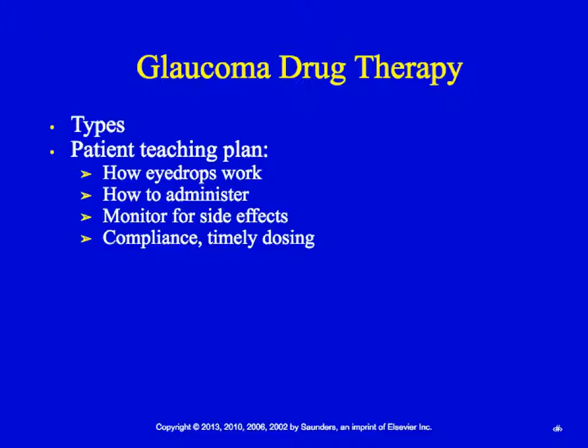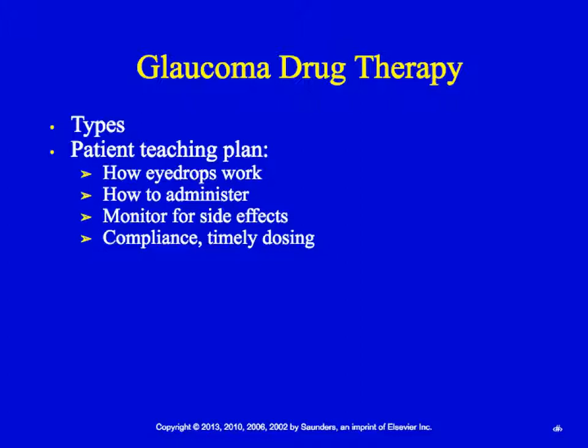That's letting them know that their damage from glaucoma is getting worse. If they begin to have decreased vision that does not improve with glasses, the loss of peripheral vision, or halos around lights. And I think that's in that concept map there. It talks about teaching for a patient with glaucoma to make sure they report any of those signs and symptoms that their vision is getting worse instead of better.